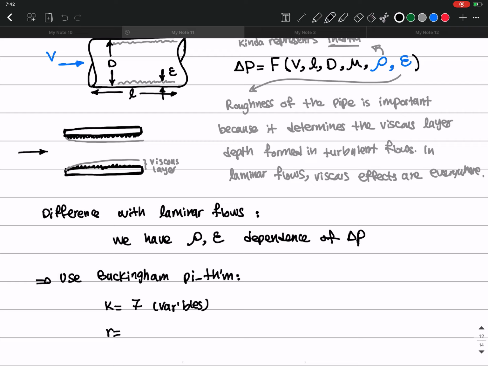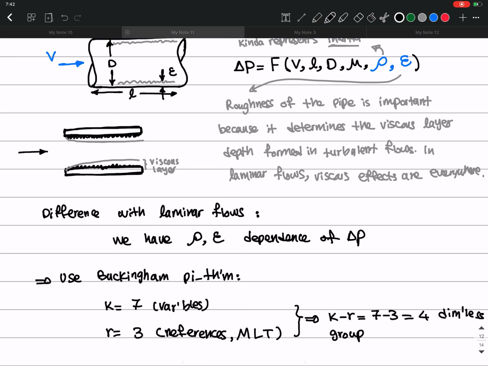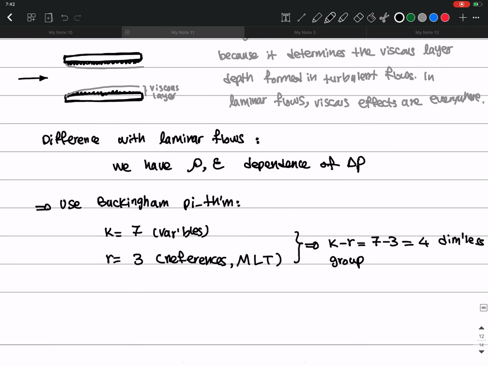And R, the number of reference variables, is 3, which are M, L, T. So K minus R is 7 minus 3, which equals 4 dimensionless groups. So we can form 4 dimensionless groups in turbulent flows.